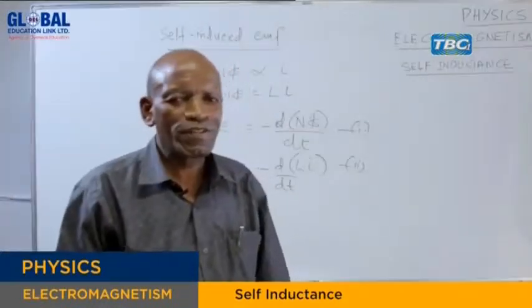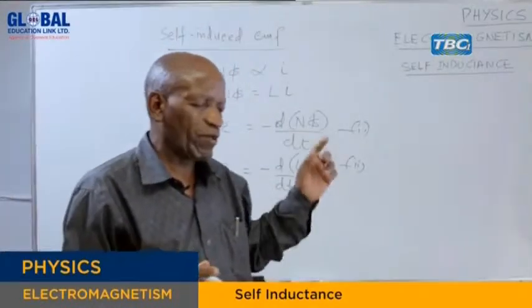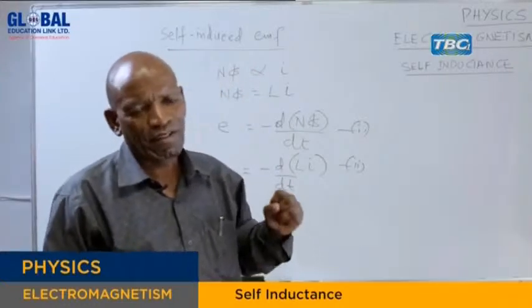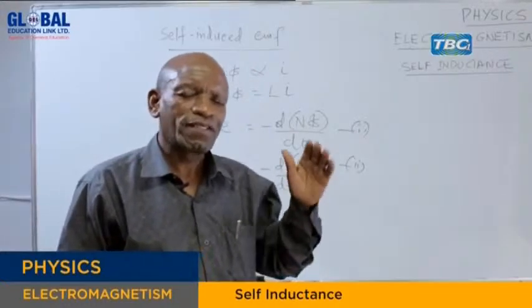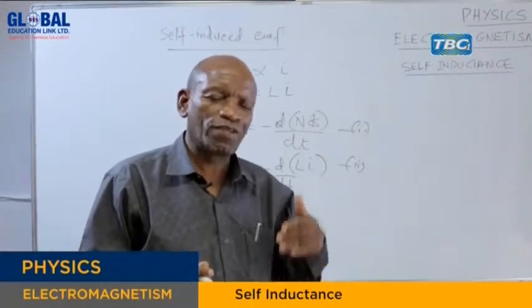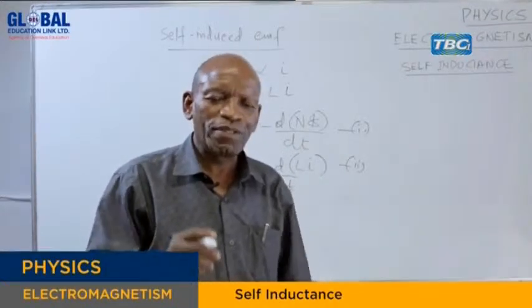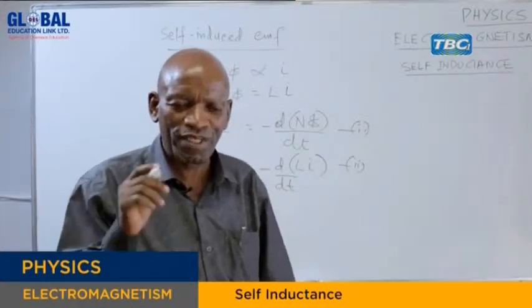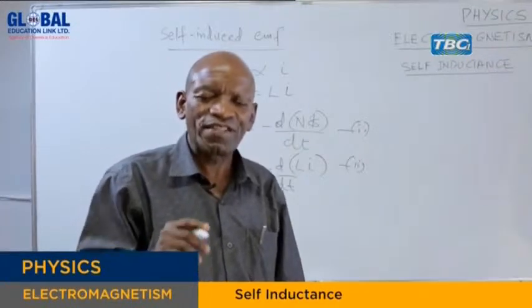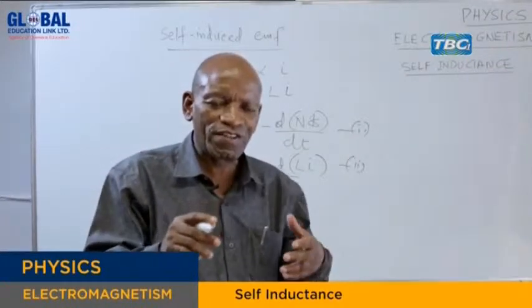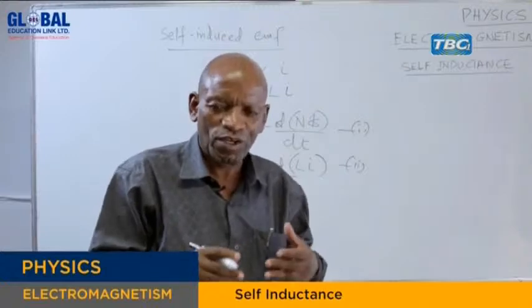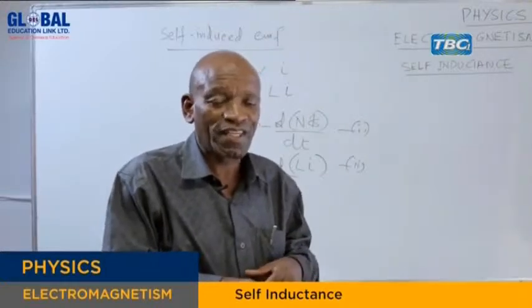The EMF which is induced in that particular inductor, as I have already said previously, opposes the growth of the current in a circuit. So it means that there must be work which has to be done against the opposition of the self-induced EMF within the circuit.